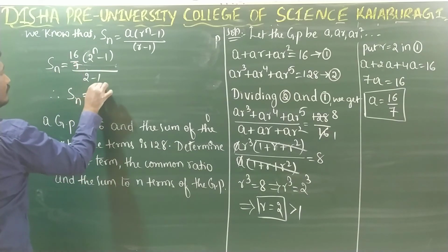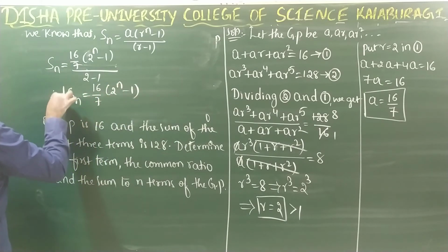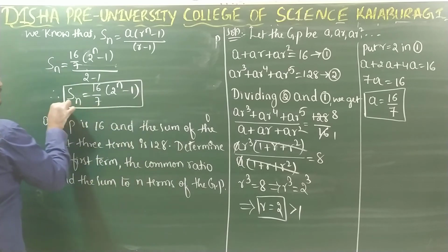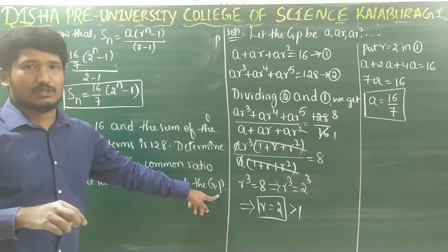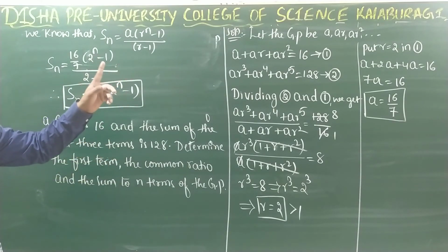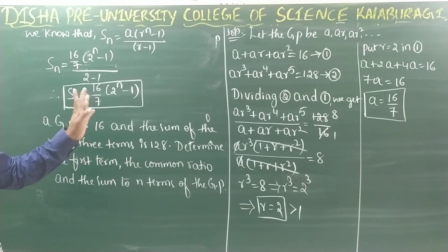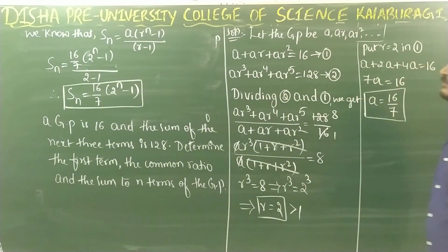So your value will be 16 by 7 into 2 power n minus 1. So this will be the sum to n terms of the geometric progression. So this is how you solve the given problem. I hope everybody understood this solution, right? So now we will move on towards the next one.